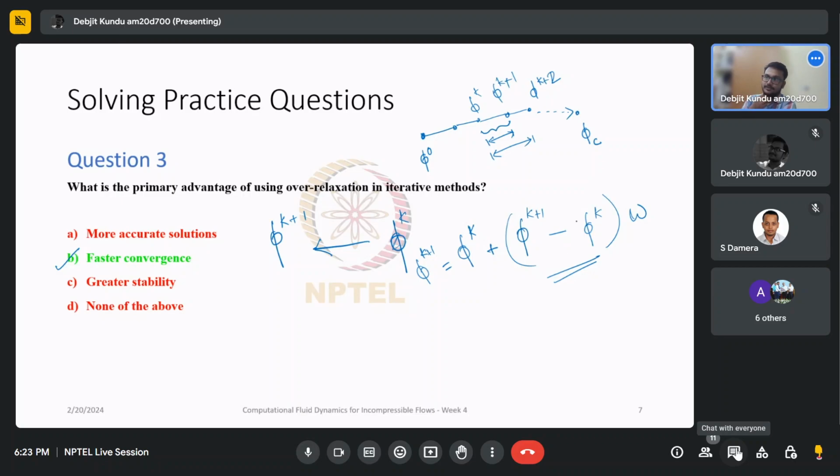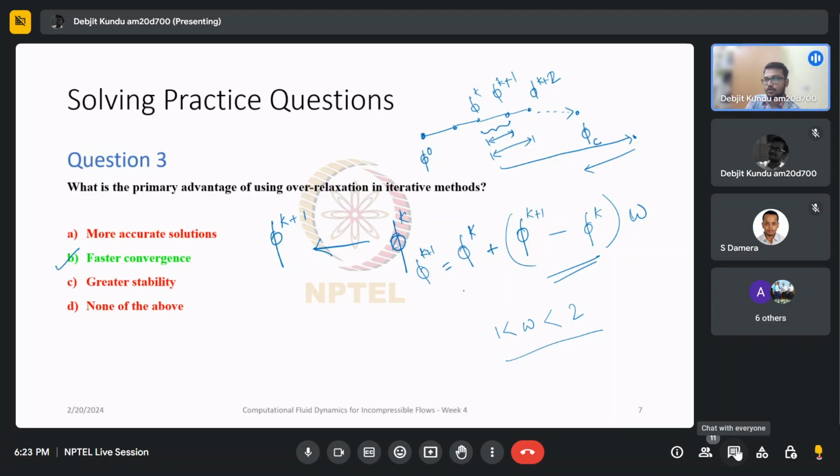So this omega in over relaxation is usually greater than 1, but not greater than 2. So we can't get greedy. If we over relax it way more, then we can overshoot the converged solution, and then we'll have to come back again. That's not preferred. So it's important to keep the over relaxation above 1, but not too much greater than 1.